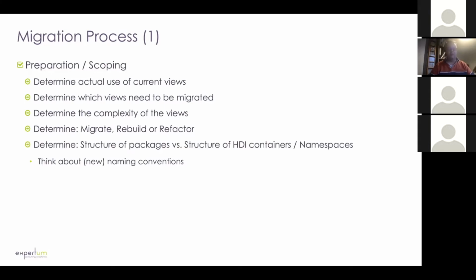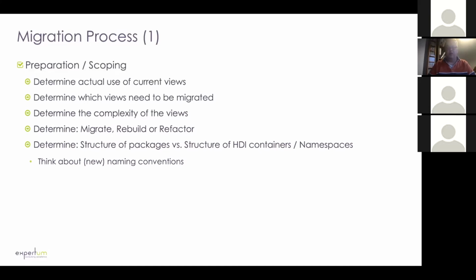And another thing you need to think about upfront is that currently you have a structure of packages, usually layered, and this will change because now you have to put all your views in one or multiple HDI containers, and you don't have these packages available anymore. So you have to say, how am I going to structure this?